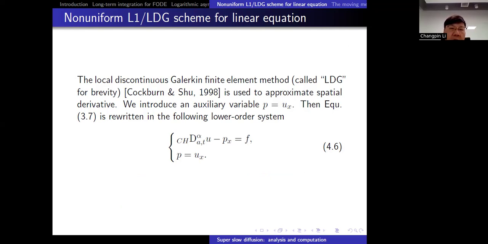Now we use the local discontinuous Galerkin finite element method to approximate the spatial derivative. So the LDG method was first proposed in the paper. We introduce an auxiliary variable p, so the original system can be written in the lower order system like this.